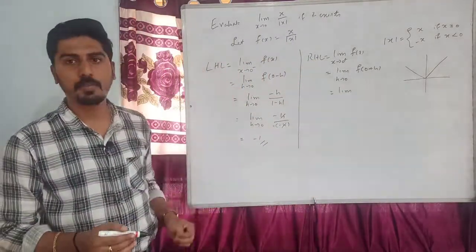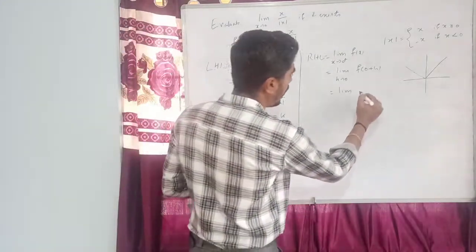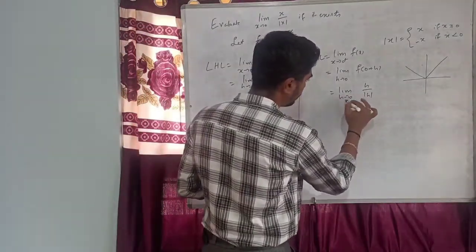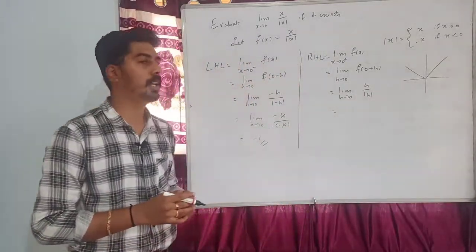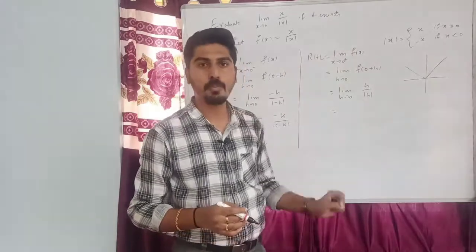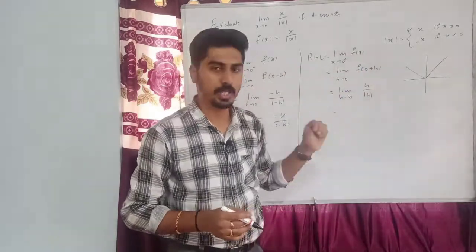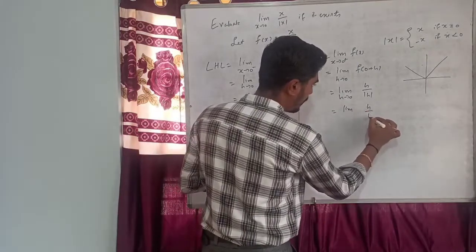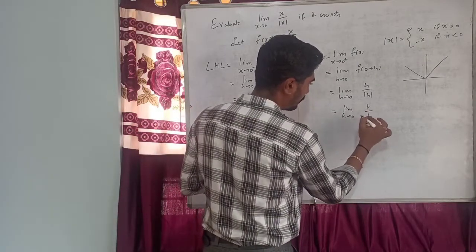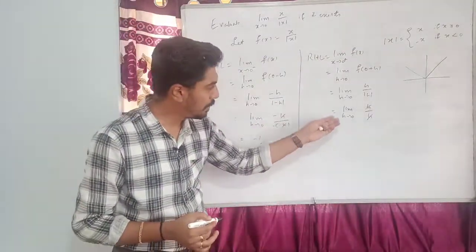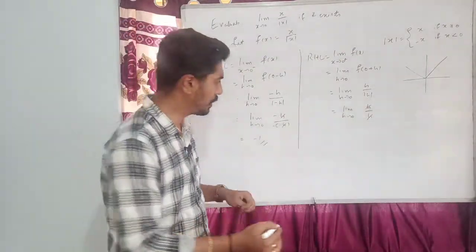By the definition of f of x, this is equal to h by mod h as h tends to 0. Since h is positive, by the definition of mod x, it should be equal to h. This is equal to limit of h by h as h tends to 0. h gets cancelled, so I get 1. The limit of 1 as h tends to 0 is equal to 1.